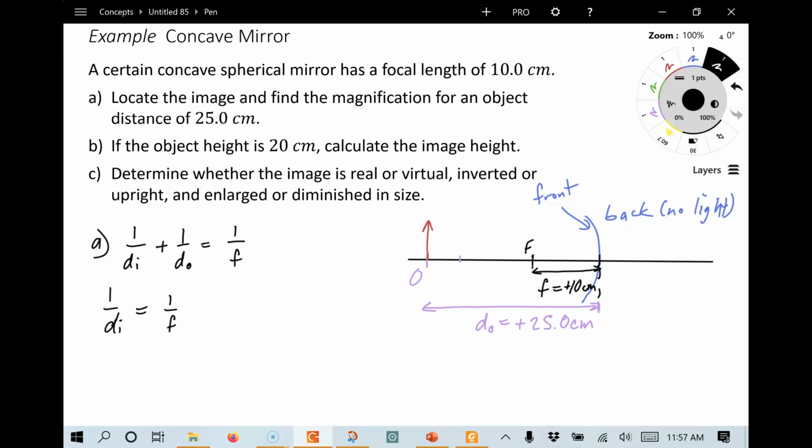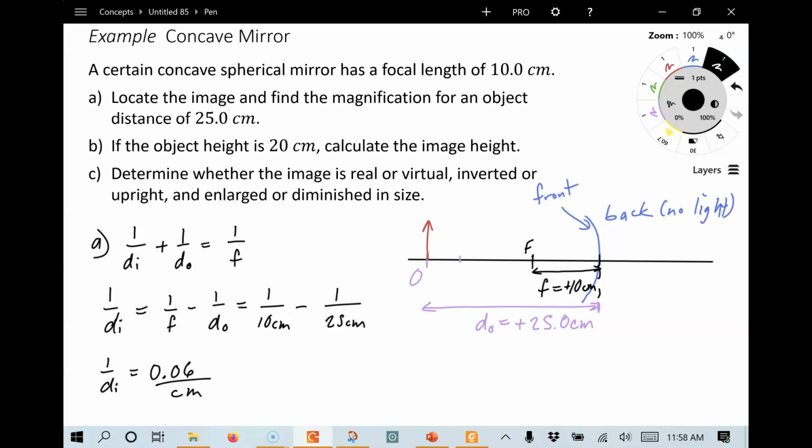So 1 over F minus 1 over DO. And now we can put our numbers in and we'll calculate 1 over DI. So 1 divided by F, 10 centimeters, positive, minus 1 over DO, 25 centimeters, also positive. This tells us that 1 over DI is equal to 0.06, and this is going to be 1 over centimeters.